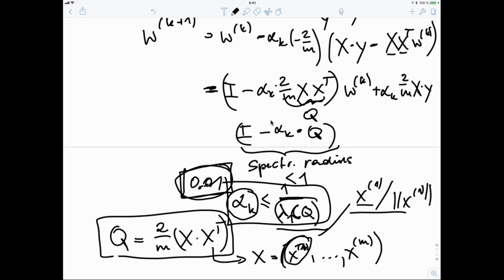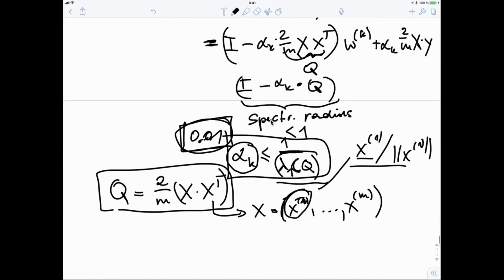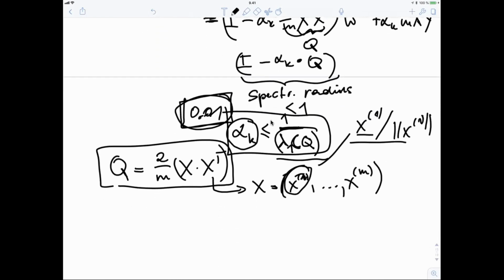And you still obtain or can ensure convergence of gradient descent. Okay. Any other comments?